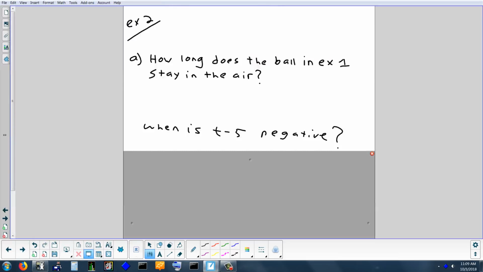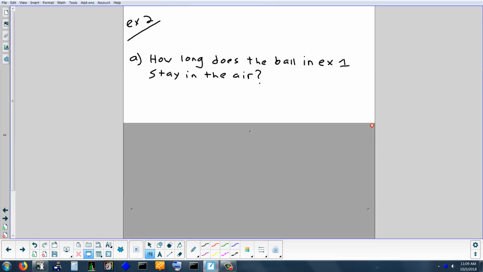So now, let's see if we can figure out how long the ball was in the air for. What does that mean about the height? If the ball is still in the air, that means what? It's greater than 0. Right. So now we're looking at the height of the ball.